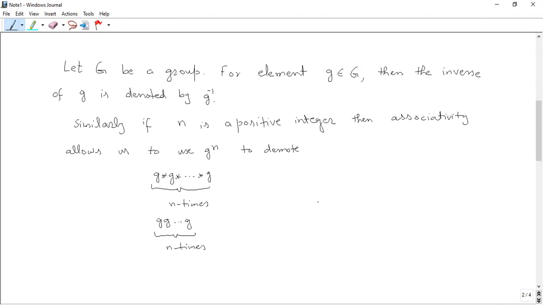Okay, another convention is g to the power 0 is always the identity for all g belongs to G in a group. This is a convention.